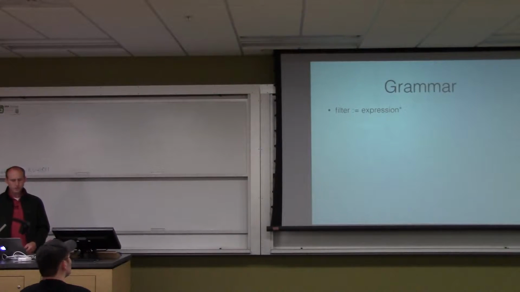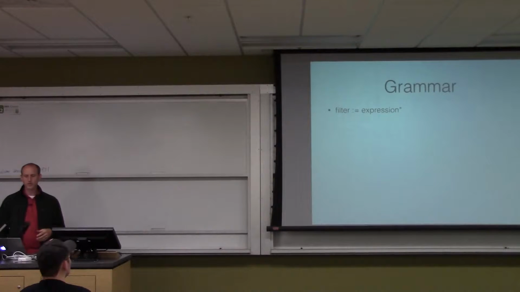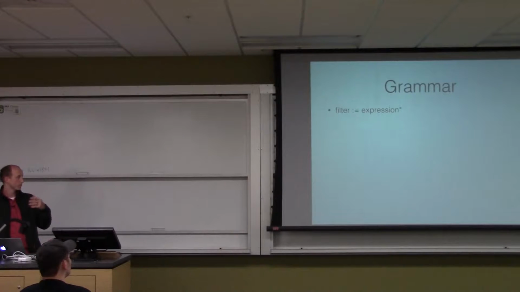So we'll say that a filter, if you'll remember at the beginning, there was the query parameter filter. That's what the whole grammar is really about. It's 0 or more expressions. So you don't actually have to include a filter, or you could include an empty filter, and we're not going to say that that's bad. Or you could have 1 or 2 or 3 different expressions that go with it.